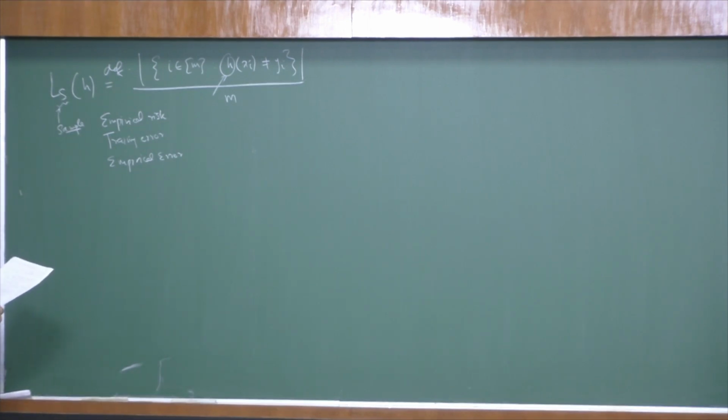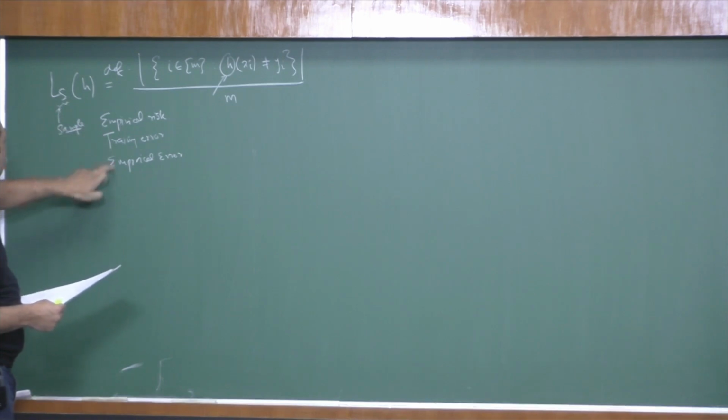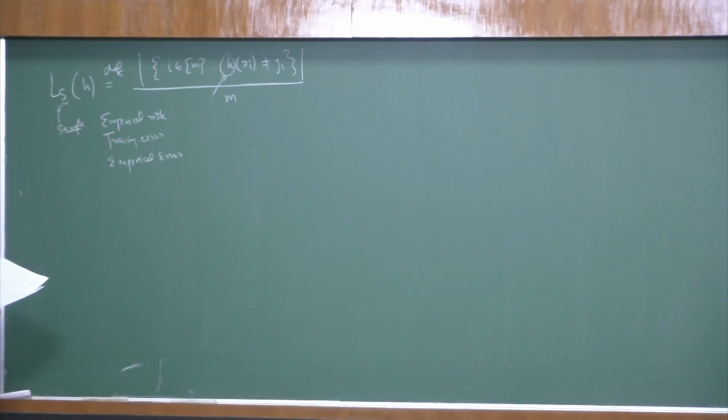Okay, so these are errors calculated on the samples. That's why they are called empirical or training and so on.